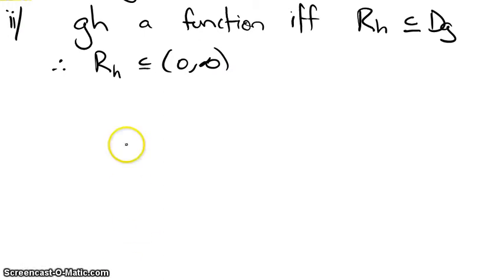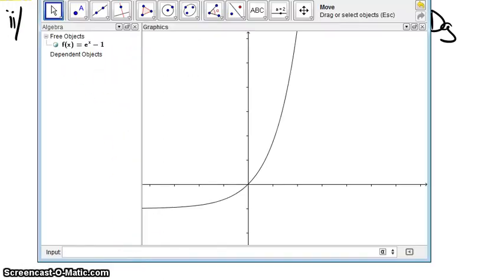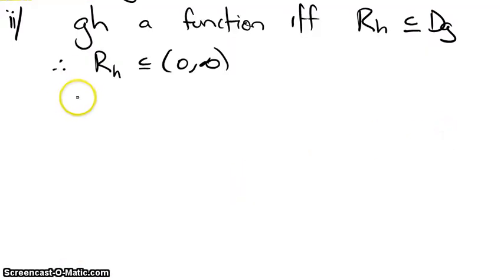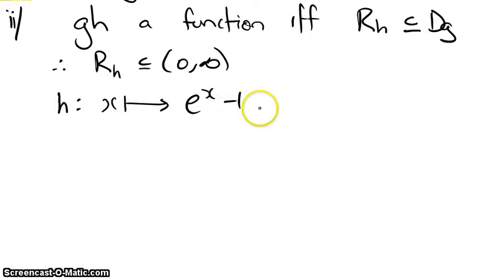Now, we know that h is a restriction of f, so its range has to be a restriction of the range of f. And we can see if we want it to be only positive, we need to cut out this negative segment here. So anything that can produce a non-positive number, that means everything up to and including the number 0. So we restrict h: we want h to map x onto e to the x minus 1, and we want this also to be positive.